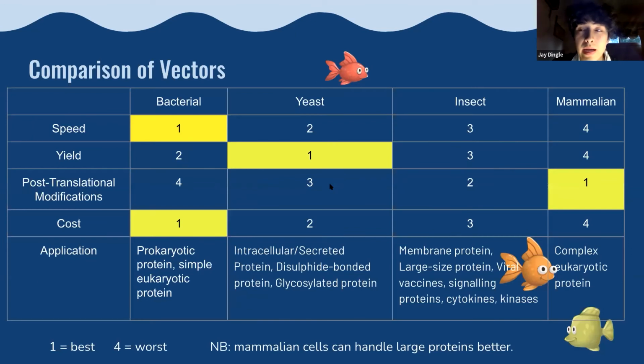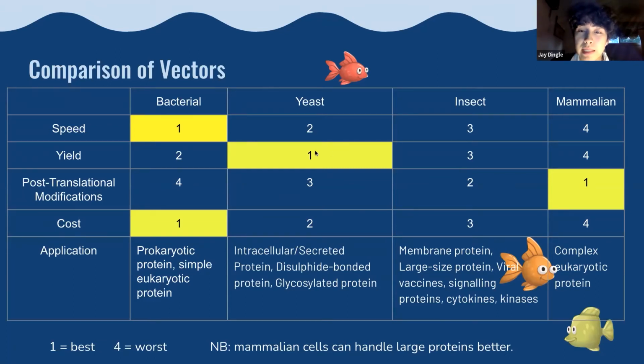Okay, comparing different vehicles for and mechanisms of vectors, we have 4 main ones that are discussed: bacterial, yeast, insects, and mammalian cells. And basically, key points to take away are that bacterial vectors are the quickest and they're also the most cost efficient. Yeast will give us the highest yield of vectors, so the most in terms of per number.